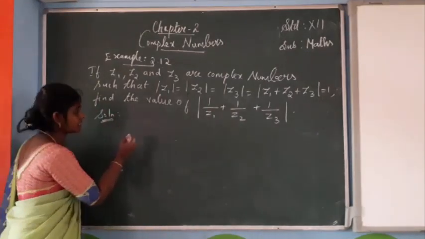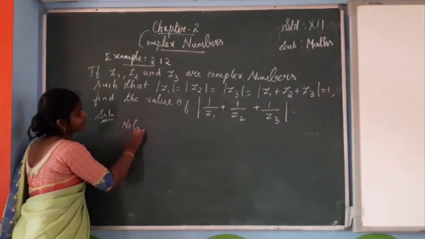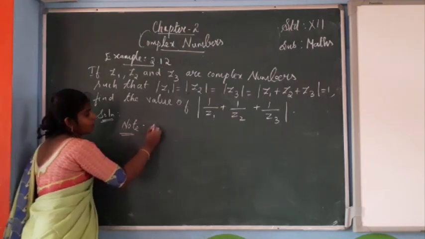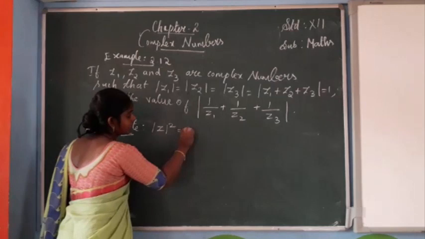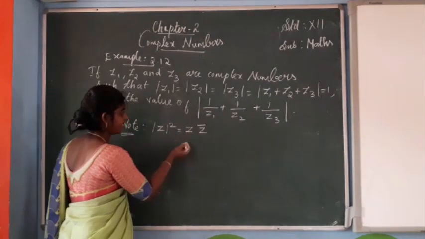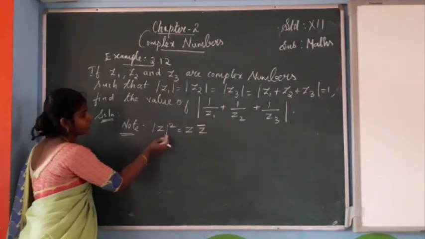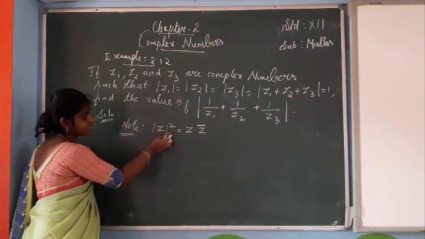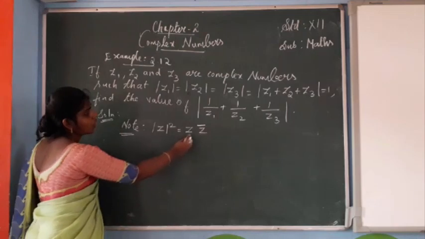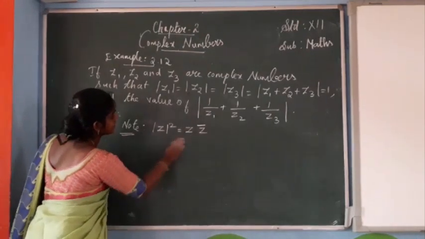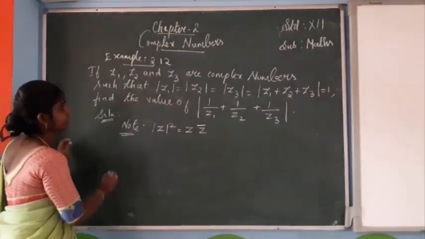First, write this note: modulus Z the whole square is equal to Z into Z bar. Then we can find the values.